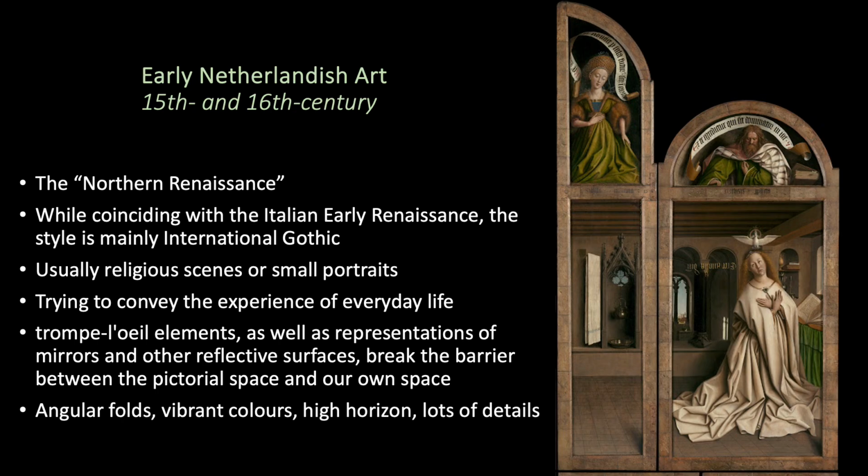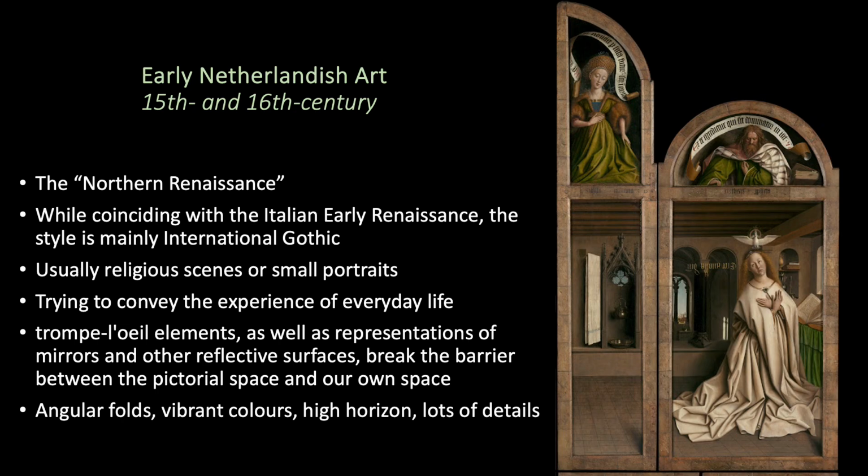They tend to be religious scenes or small portraits, very much conveying the experience of everyday life, which is of course why we get to see those windows into the city of Ghent and so on, with these trompe-l'oeil elements where it looks as if we're looking at real life representations.